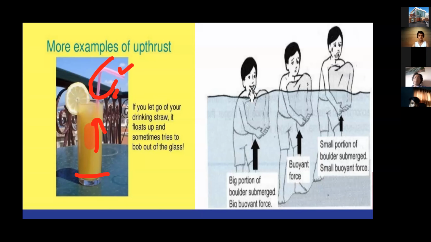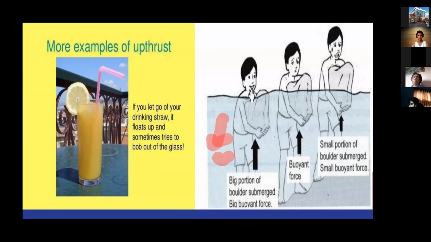This is the second example. And the third example, on the right side of your slide, is also shown in the picture. When we try to lift any object inside the water, obviously we find it easier to lift. The weight of the object always directs downward, because the weight of the object is due to the gravity of the heavenly body, right?